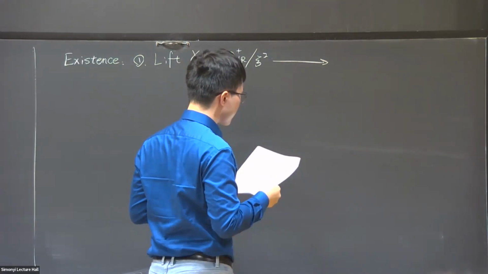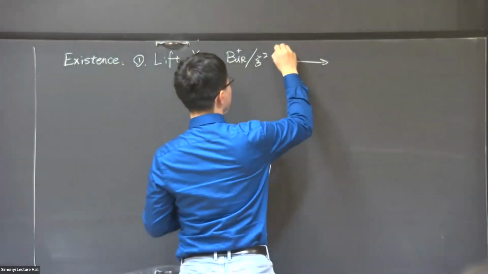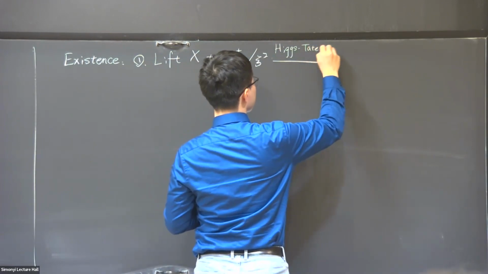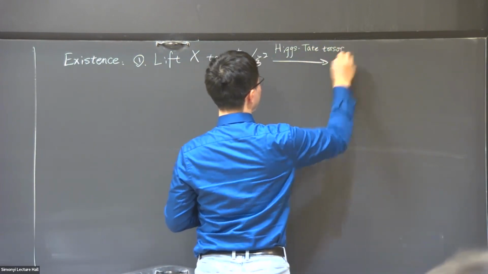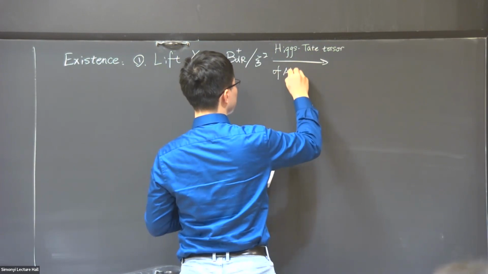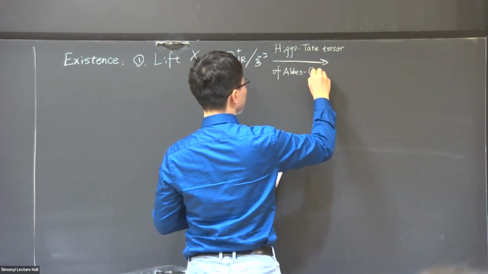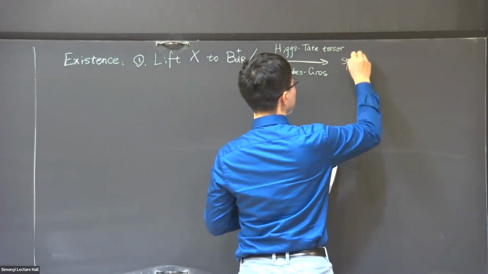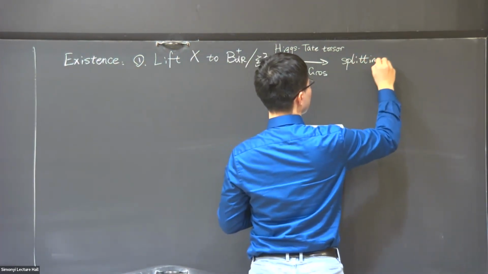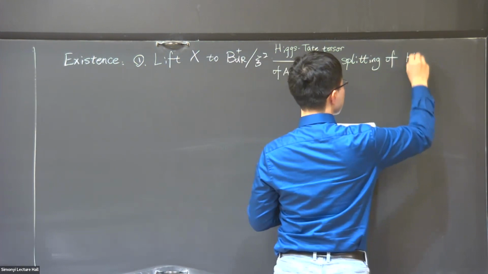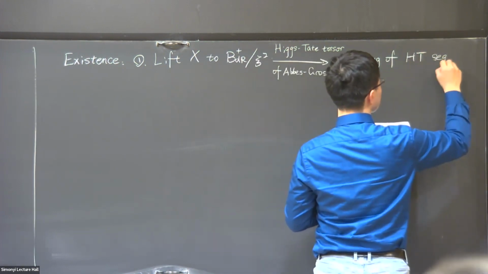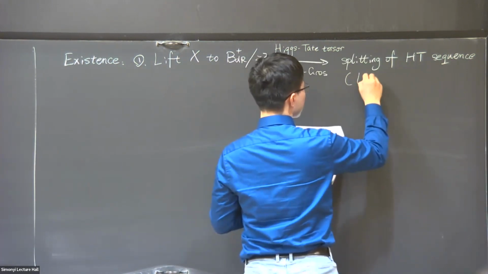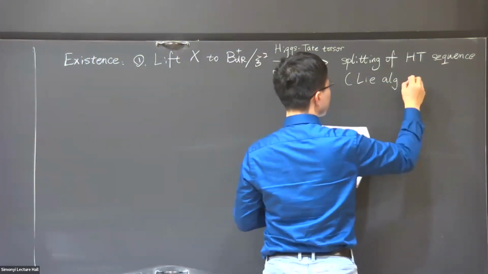If you have such a lifting, then you can construct the mixed tensor of a basic Hodge... Then you can get a splitting of the Hodge sequence. Namely, this is the splitting on the level of the algebra.